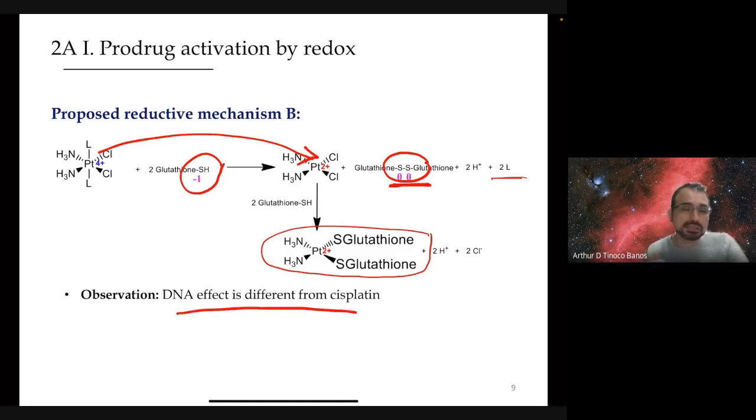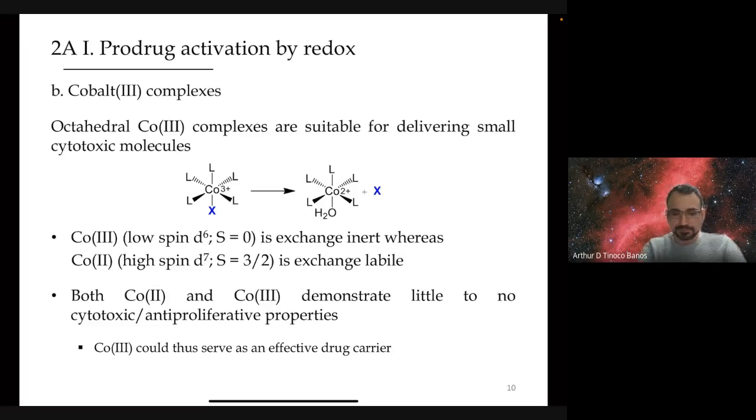And I think, to an extent, part of the difference is how the platinum may form adducts to the DNA, where, as I mentioned previously, it might be forming more mono adducts as opposed to interstrand or intrastrand links to the DNA.